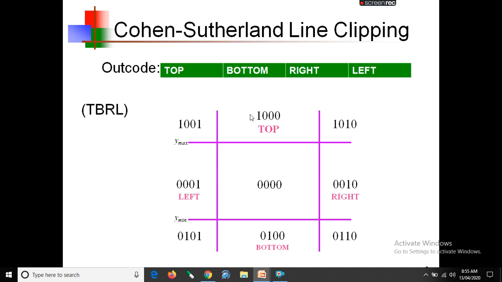With the help of the top and left outcodes, I generated the outcode for this particular area.